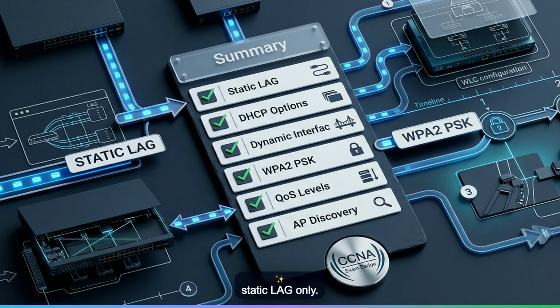WLC connects via static LAG only. No PAgP or LACP. DHCP option 43 points APs to their controller. Initial setup is Console Wizard, then GUI for everything else. Dynamic interfaces map WLANs to VLANs.